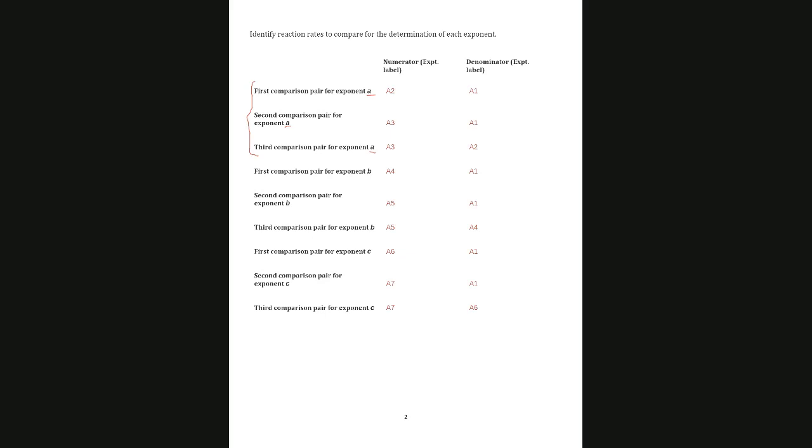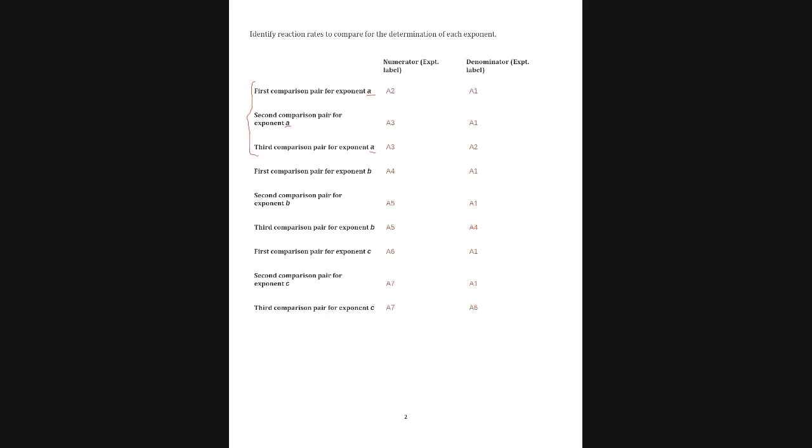So they are helping you because they are telling you the numerator: they give you 3 experiments, and then you will have to average. And they say divide A2 by A1, and you are going to get A. We will go over that, but this is a help.